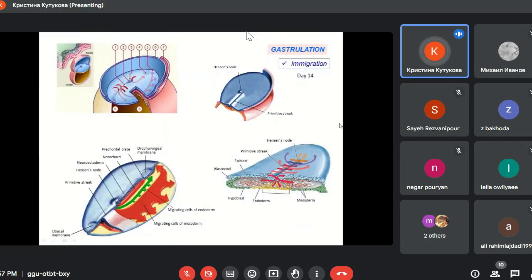Here in this picture you can see this same process of immigration starting at day 14. The arrows show us the direction of the movement of the cells.